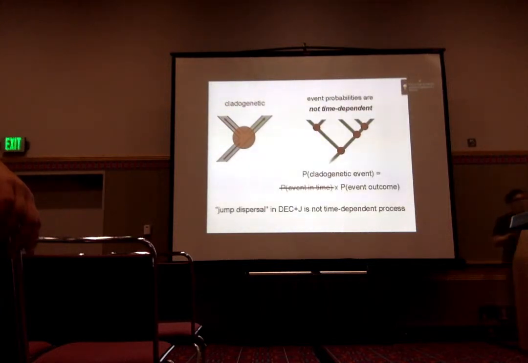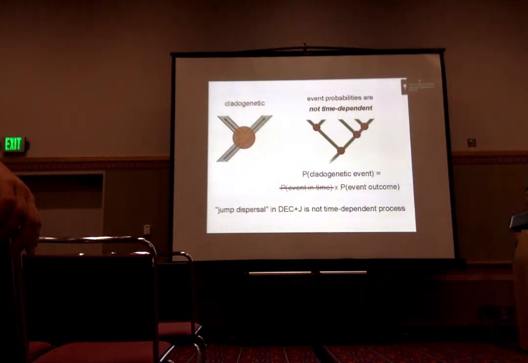Now, this is a bit of a problem because these cladogenic events are clearly not time dependent. They're restricted to occurring only at the internal nodes of the fixed phylogeny, right? So the phylogeny is not seen as some outcome of a stochastic birth-death process. It's just fixed. And these cladogenic events are just fixed, okay? So the probabilities associated with these events are just the probabilities of what the outcome is.